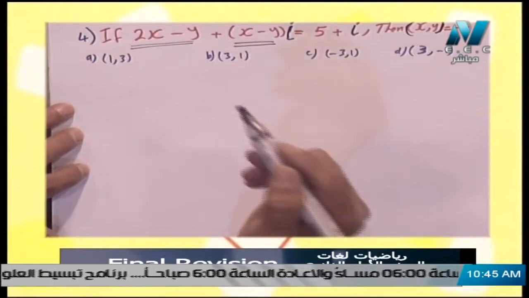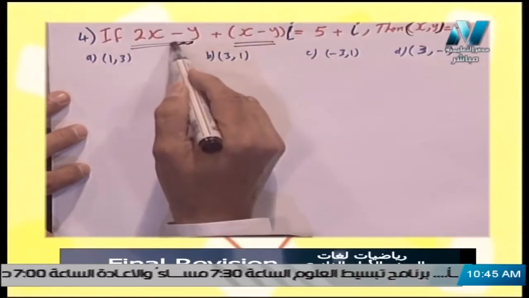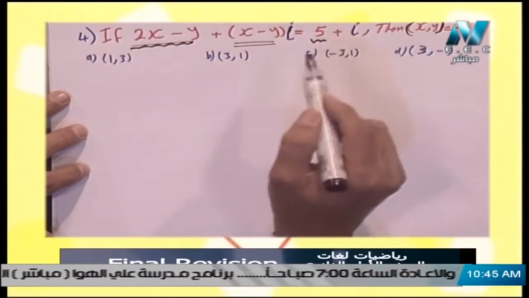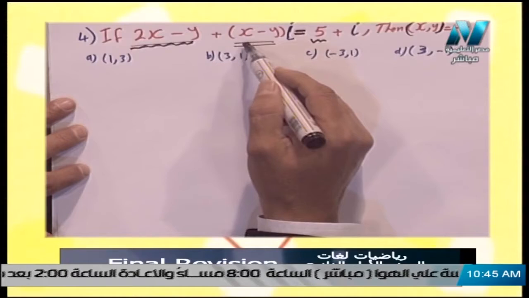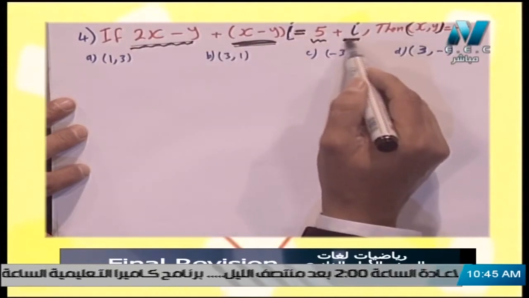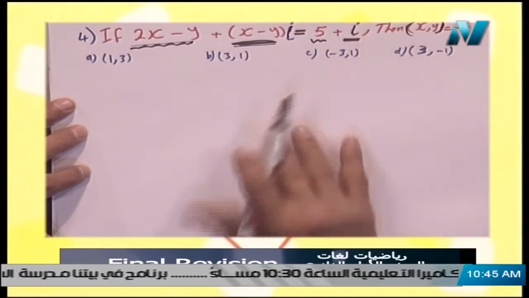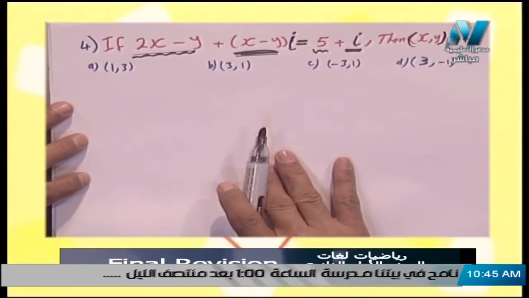Okay, if we have a real number here, it's equal to the real number on the other side of the equation, and the imaginary number here equals the imaginary number there, and concentrate that i here has the coefficient equals 1.